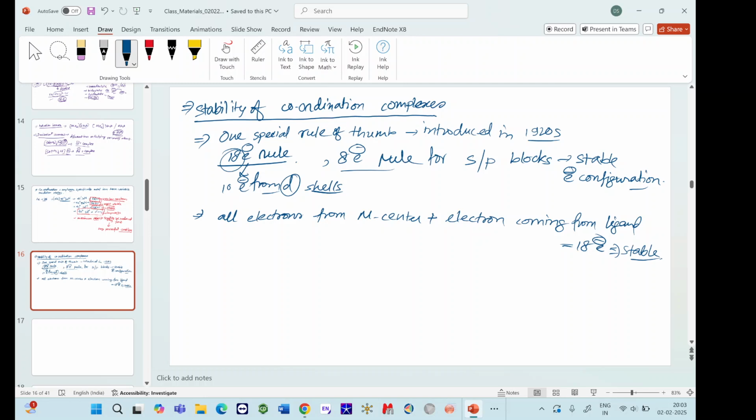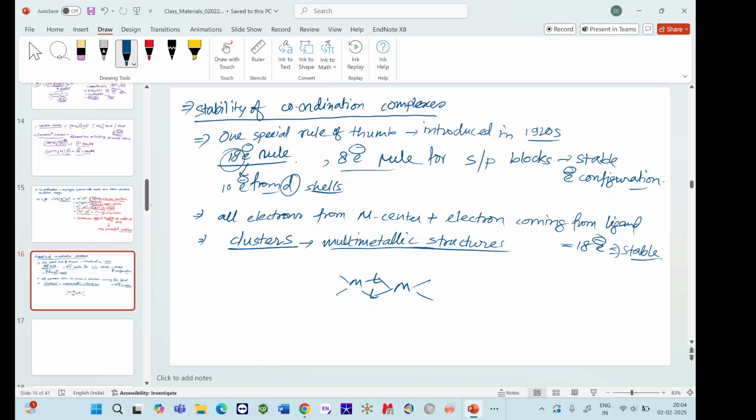So this has much more extension. When we study some advanced courses, you can learn about clusters. Clusters is nothing but multimetallic structures, where, say, two octahedra are joined like this.